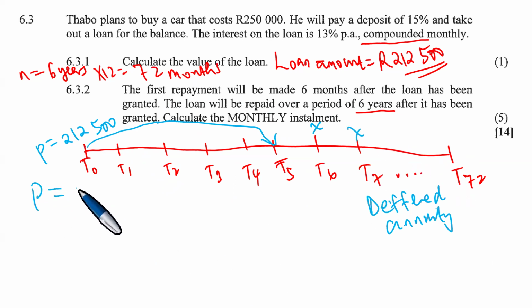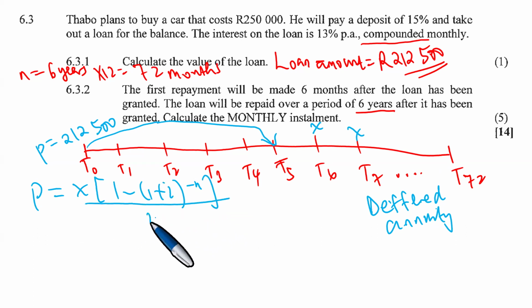The present value formula for the loans is 1 minus 1 plus i to the minus n, divided by i. You take the 212,500, 1 plus.